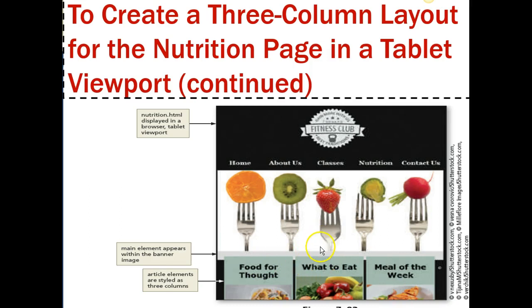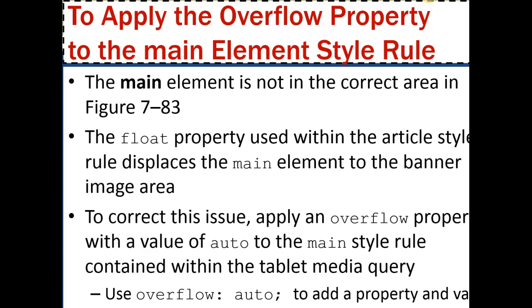So it's kind of overflowing. To be able to correct this issue, we can apply an overflow property with the value of auto to the main style rule contained within the tablet media query. While we do that, we apply the overflow property to the main element so that it can display below the banner image.